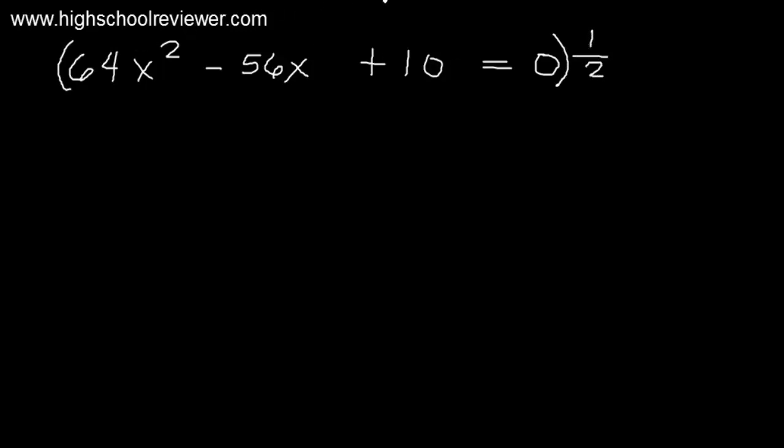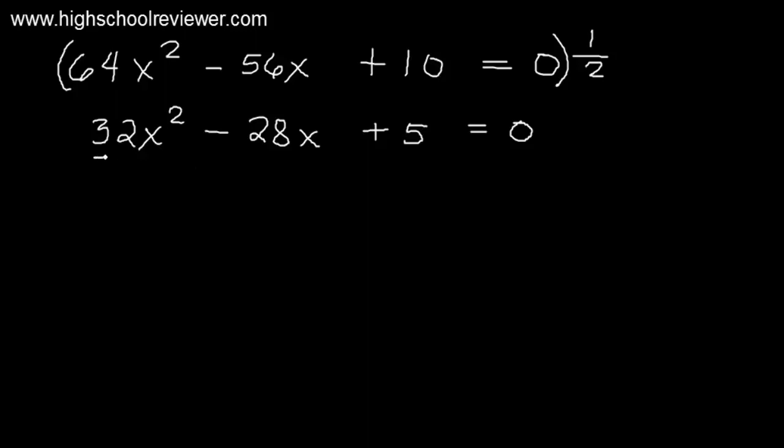So 64x squared divided by 2 will give us positive 32x squared, and negative 56x divided by 2 will give us negative 28x, and then positive 10 divided by 2 will give us positive 5 equals 0. Okay, so this is now our quadratic equation.